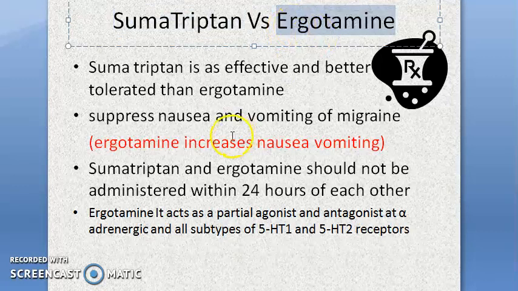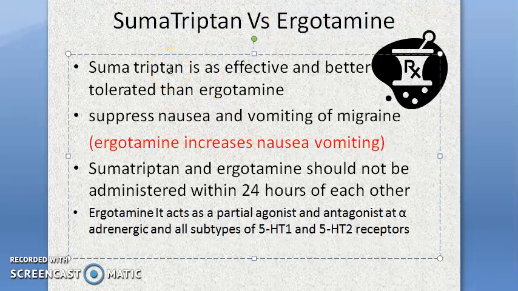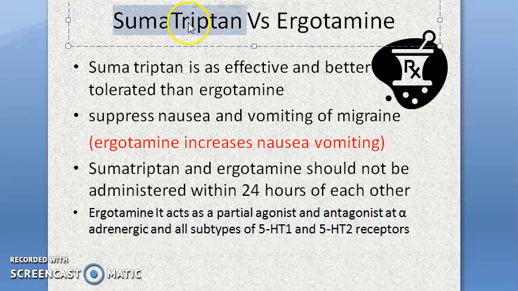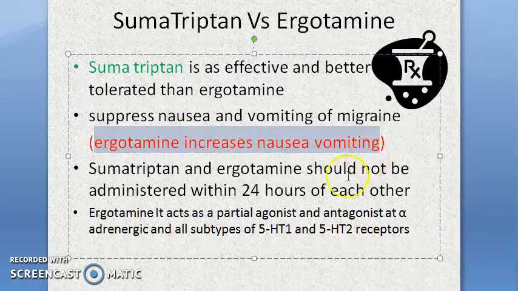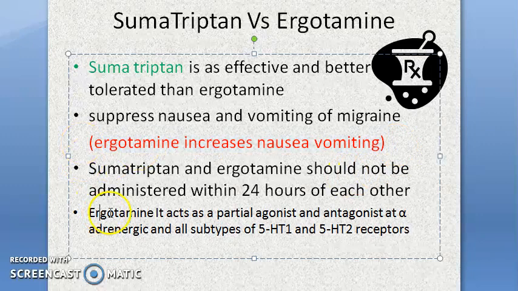Sumatriptan versus Ergotamine. Let us try to compare these two, okay? Sumatriptan is more effective than Ergotamine. This much you should know. Sumatriptan wins the game here. Ergotamine actually increases nausea and vomiting, so people don't like it.